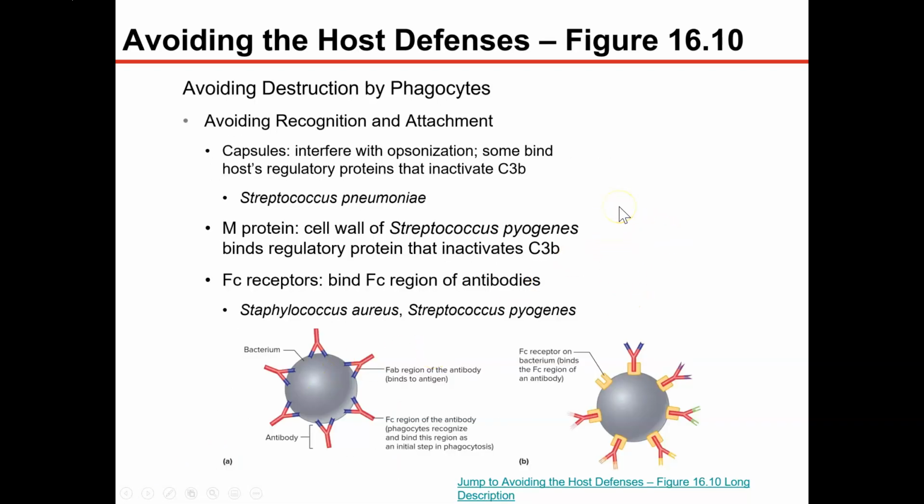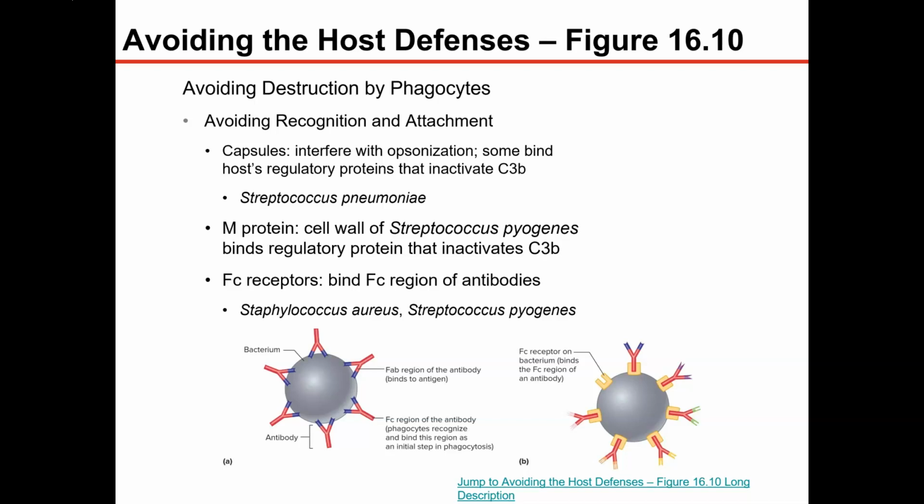And then we have some microbes that can avoid recognition. One mechanism for this is having a capsule. Some types of Streptococcus pneumoniae have a capsule. The capsule actually interferes with the process of opsonization.